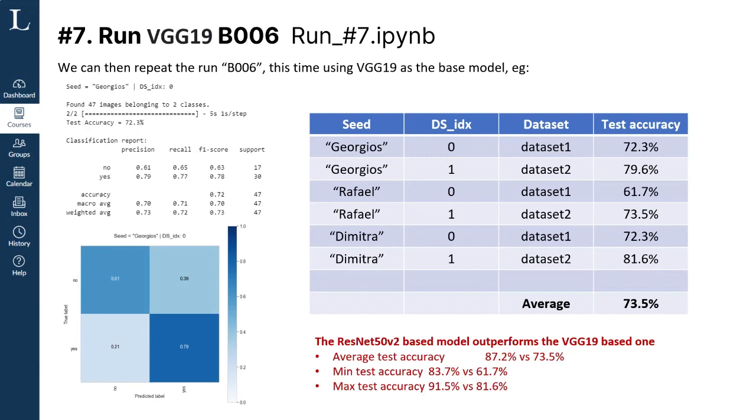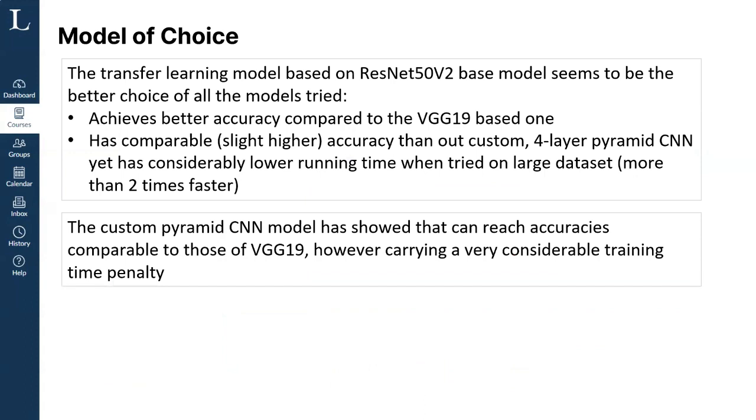This means that the ResNet 50 based model outperforms VGG19 on all criteria: average test accuracy, minimum and maximum. This leads us to suggest that the ResNet 50 based model is the model of choice, because it achieves better accuracy compared to the VGG based one.